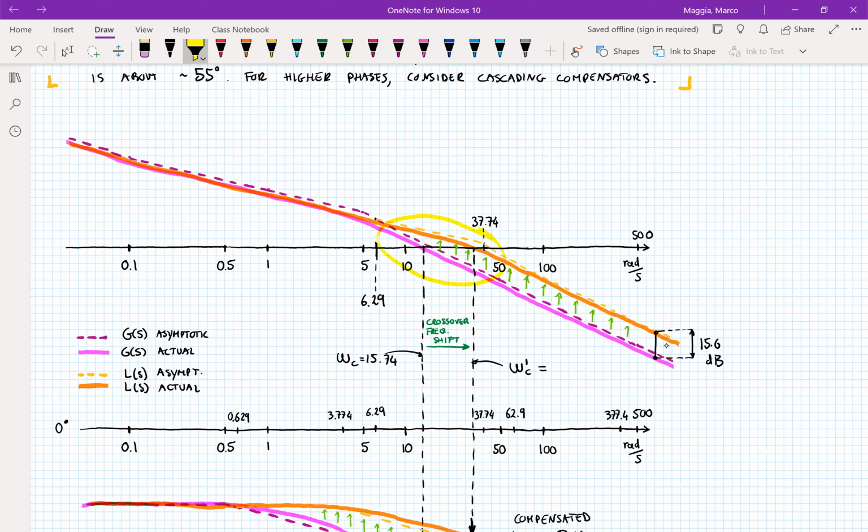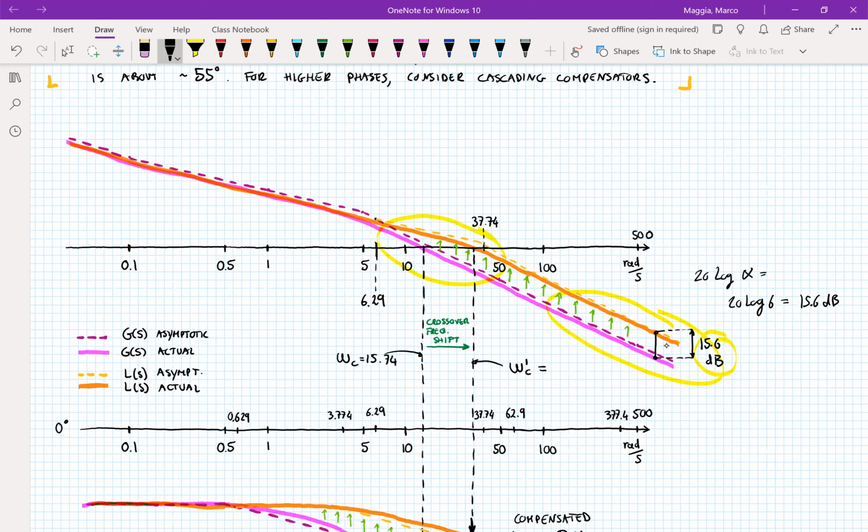and then in this region the amount of gain added is not constant, but it becomes constant for high frequencies, and that is exactly 20 logarithm of alpha, that is 15.6 decibels. 20 logarithm of alpha, in this case, is 20 logarithm of 6, which is 15.6 decibels.